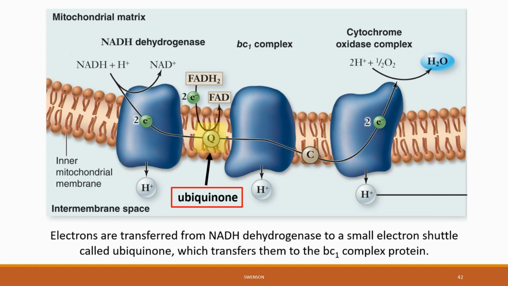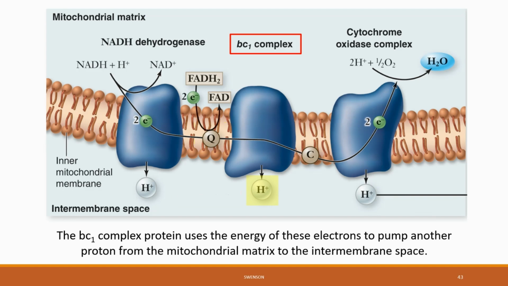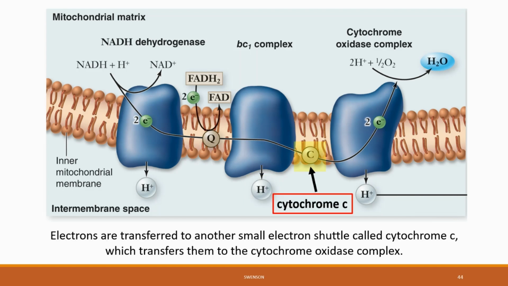Electrons are transferred from NADH dehydrogenase to a small electron shuttle called ubiquinone, which transfers them to what's called the BC1 complex protein. The BC1 complex protein uses the energy of these electrons to pump another proton from the mitochondrial matrix to the intermembrane space.